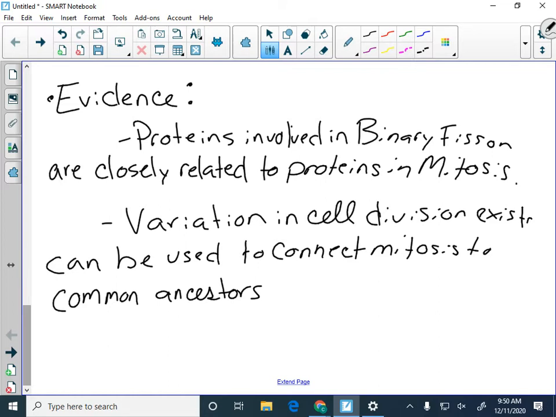It's not like we have all of the stages of cell division fossilized. So what we do have is existing species as examples, but we have to ignore any intermediate mechanisms because we don't have physical evidence.